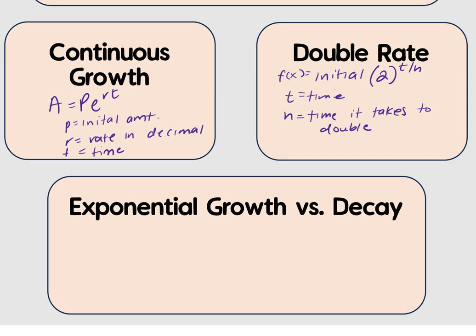Okay, exponential growth versus decay. Exponential growth is increasing as you move from left to right. Decay is decreasing as you move from left to right. For growth, your A is greater than 0 and your B is greater than 1. Or your A is less than 0 and your B is less than 1.